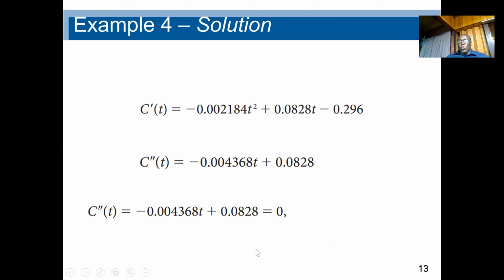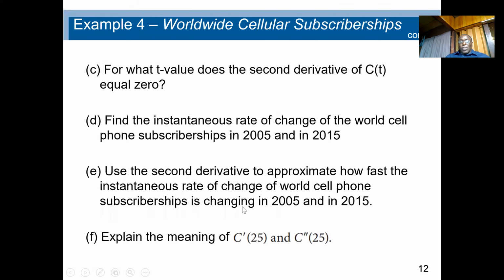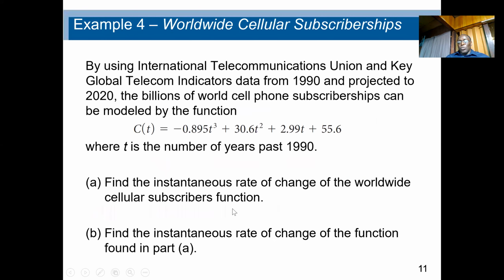We want to know when t is our time, so we are looking for when the second derivative equals 0. Again, let's look at the question. For what t value does the second derivative of c at t equal 0? First, we find the instantaneous rate of change of the cellular subscribers function. That is finding the first derivative, c prime at t.